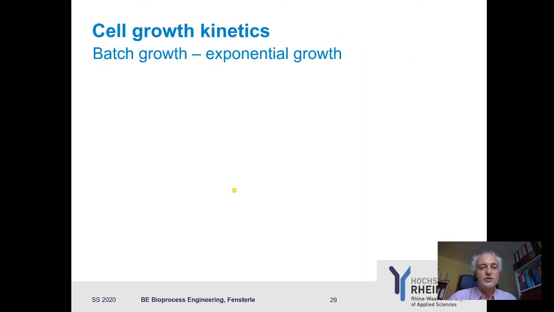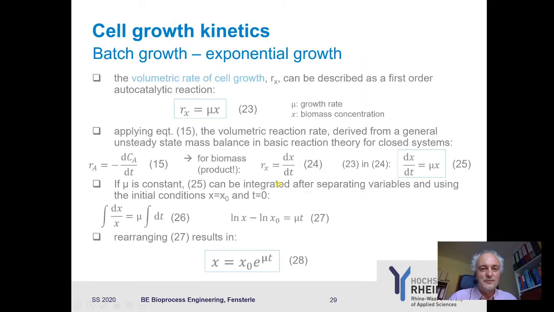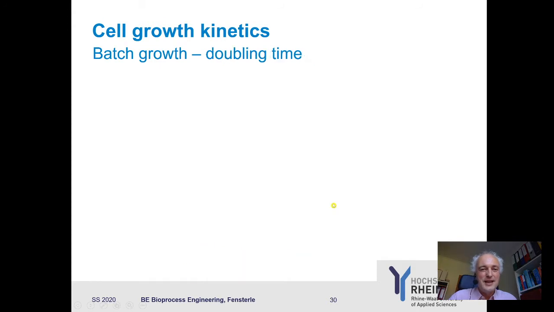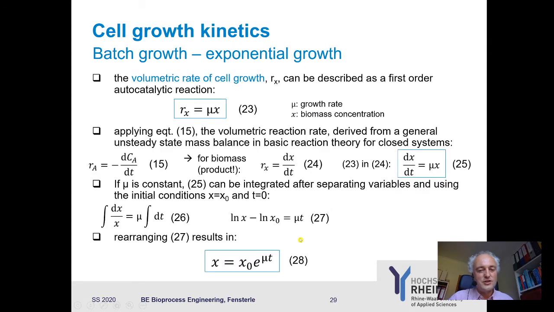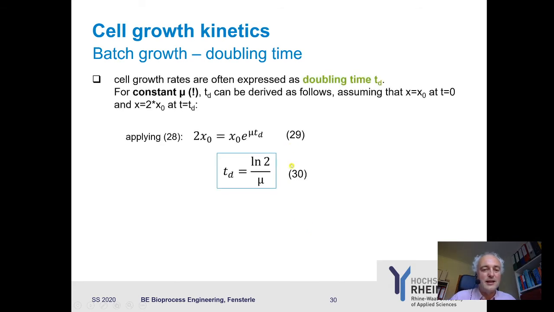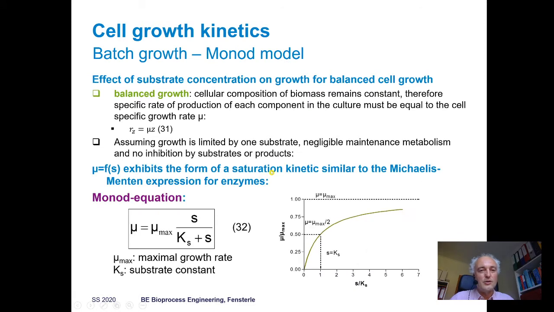And of course also here we should see the same. And of course, yes, we come up with this equation. And based on this equation, we can also deduce doubling time if we just say here x is equal to 2 x0 and so on, and then we end up with the doubling time ln2 divided by mu, and this is also what you already know.